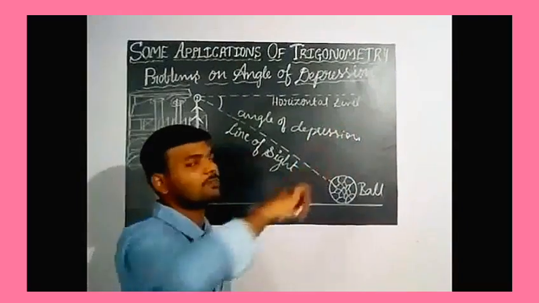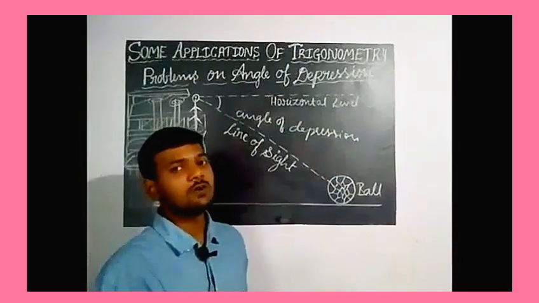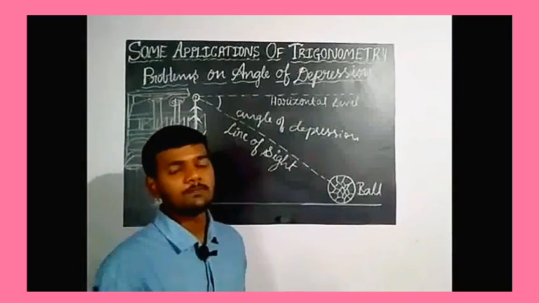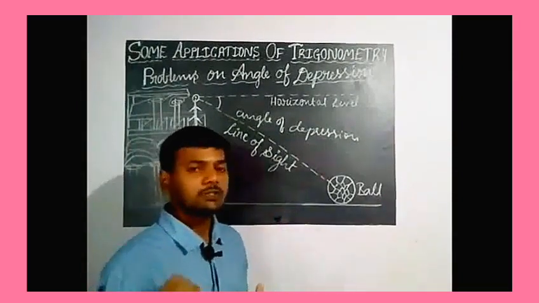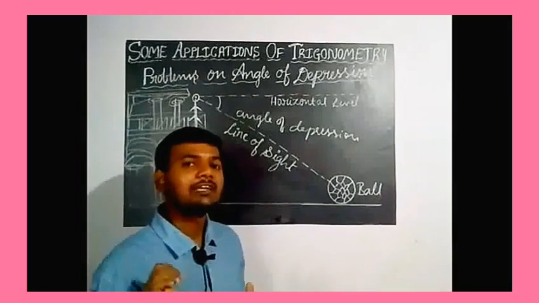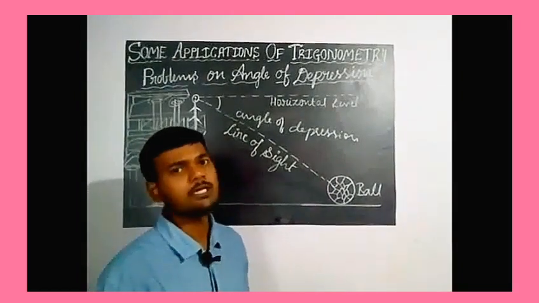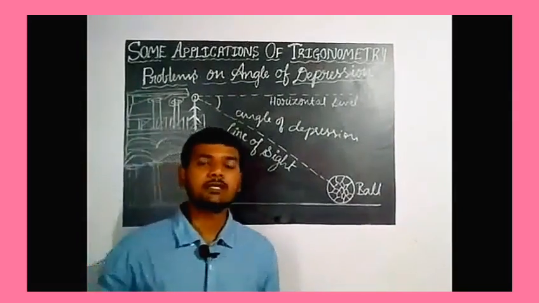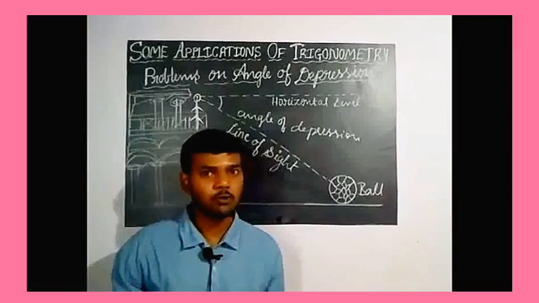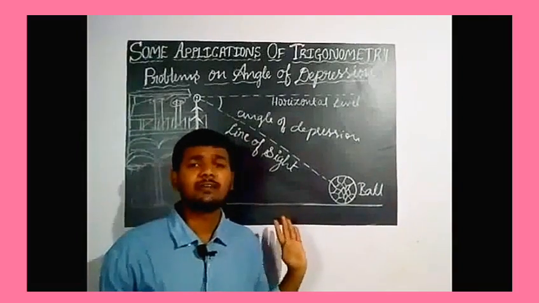Angle of depression is formed when an observer is looking downward. When he is on the top of the floor and he is looking towards the down, then the angle of depression is formed. So this concept is very important to understand and to solve the problems on the concept of angle of depression.